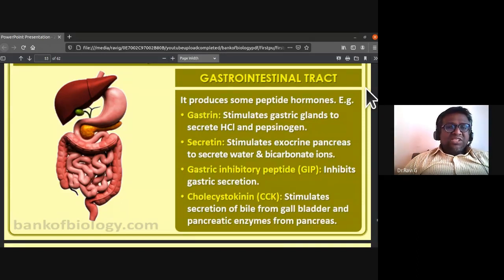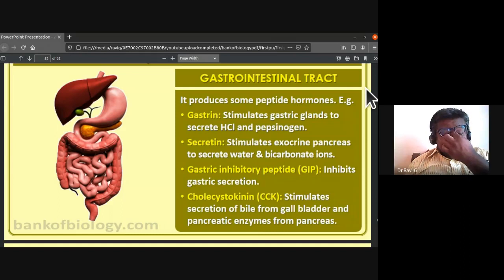So what is the role of gastrin? As the name indicates, gastric juice, it stimulates gastric glands to secrete HCl and pepsinogen. So gastrin stimulates the gastric glands to secrete HCl and pepsinogen. So secretin stimulates the exocrine pancreas.